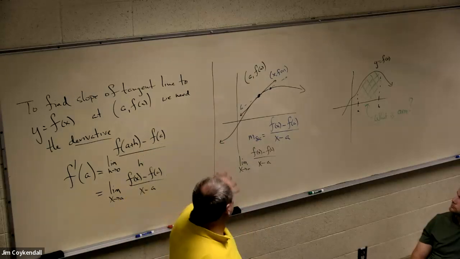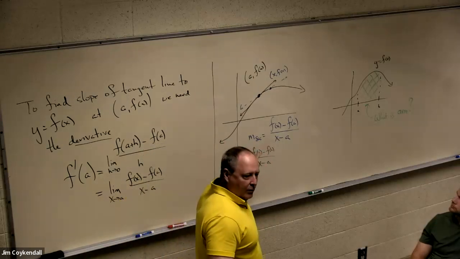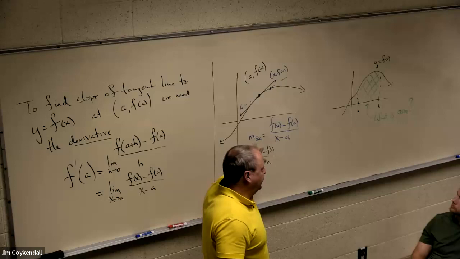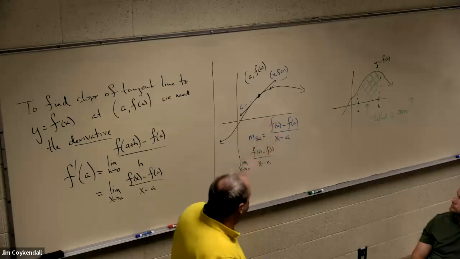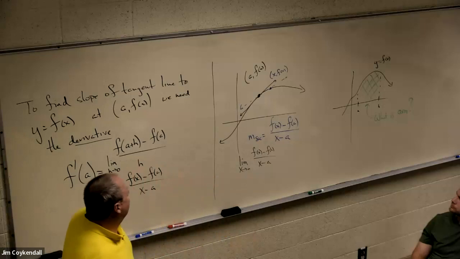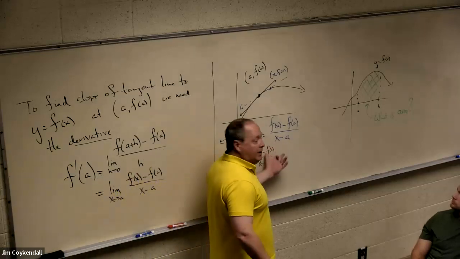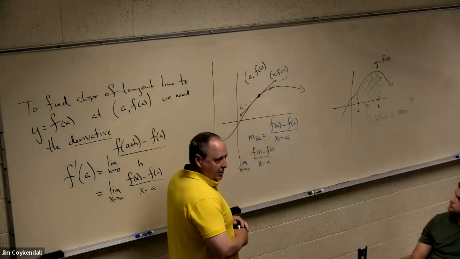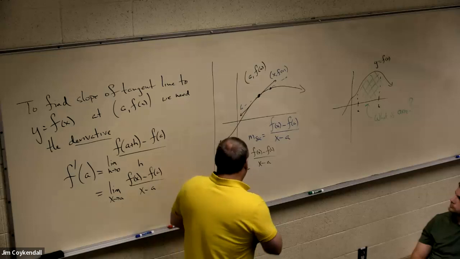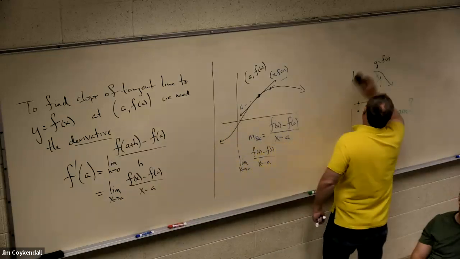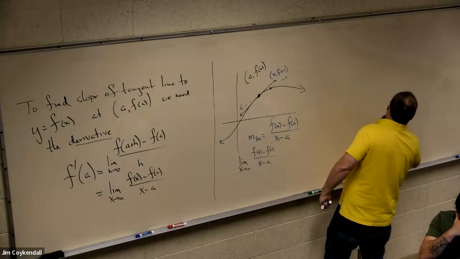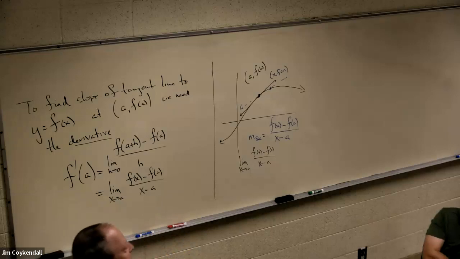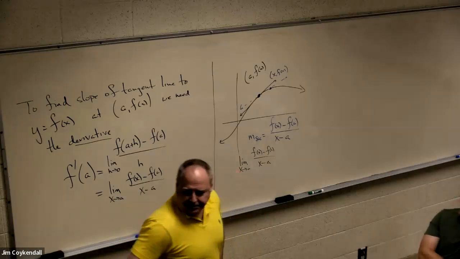The limit was created way back when people started thinking about calculus, but it actually took over a century for them to really make this precise. That's what physicists do without really knowing what they're doing, but it worked out. And this is the so-called derivative. Remember this? Okay. So the derivative measures the slope of a tangent line, the instantaneous rate of change of a function.